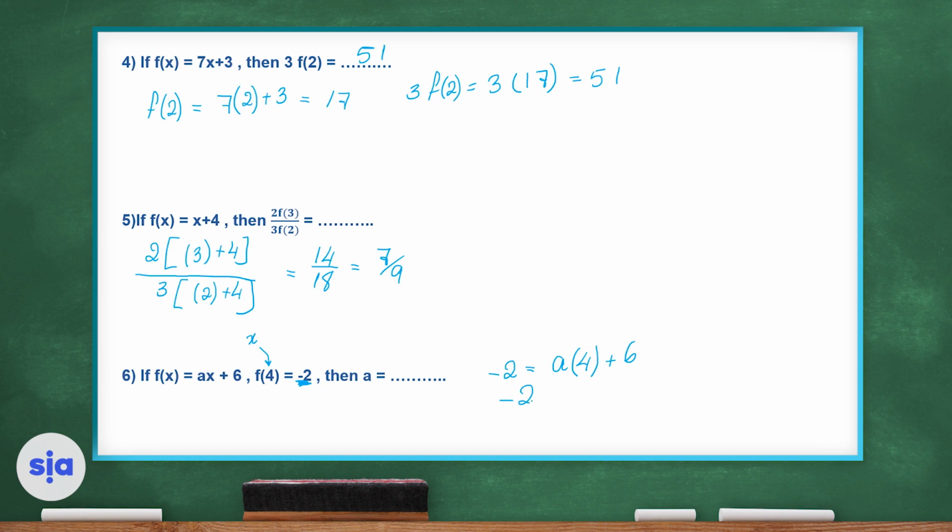So negative 2 equals 4a plus 6. So 4a equals negative 8, then a equals negative 2. So in this case, a is equal to negative 2.